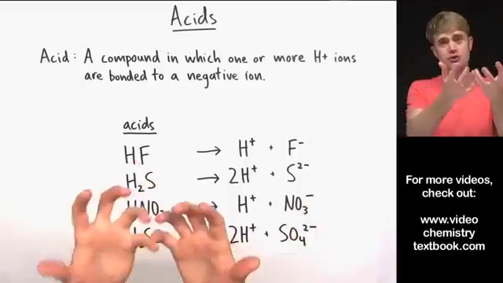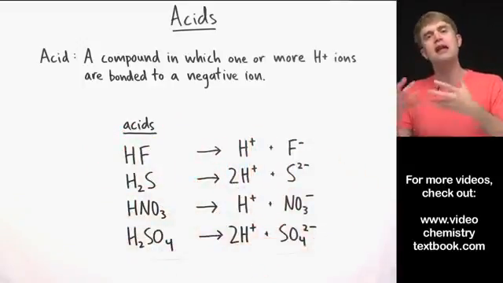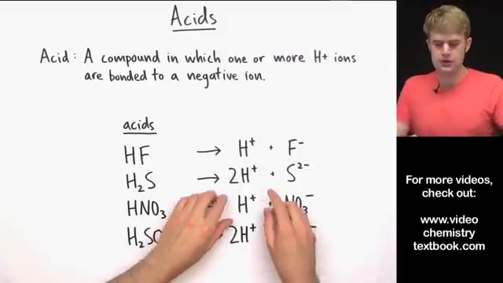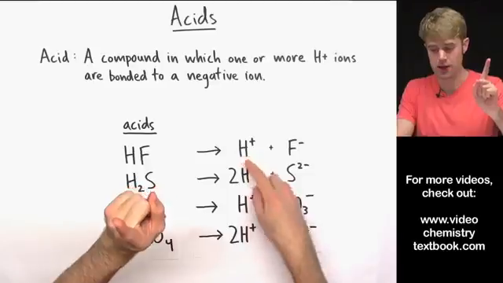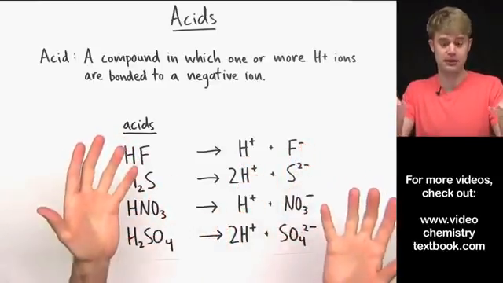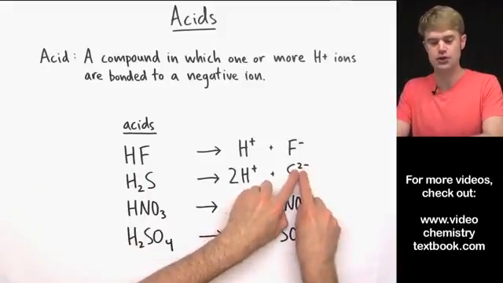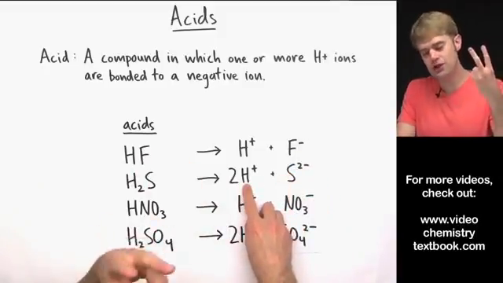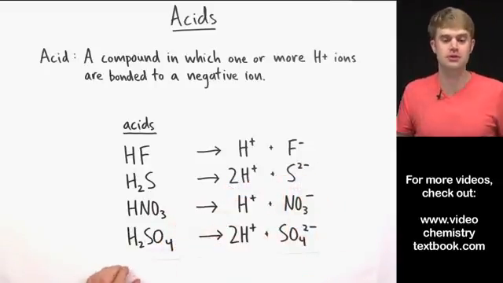That means that the charge from the H+ equals the charge from whatever the negative ion is. So in this case, we have one H+ with a charge of 1+, balancing out one F-, which has a charge of 1-. They balance. In this case, the negative ion has a 2- charge, so we have to have two H+ to balance out the 2- charge from this.